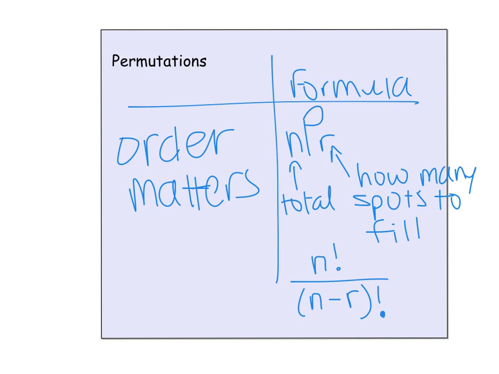Okay, so for the example above, there were 5 total people. So that would have been 5 factorial, and we're picking 3 positions. So it'd be 5 minus 3 factorial. That was the problem that's up above. Okay. And we'll do example 1 like it as well.